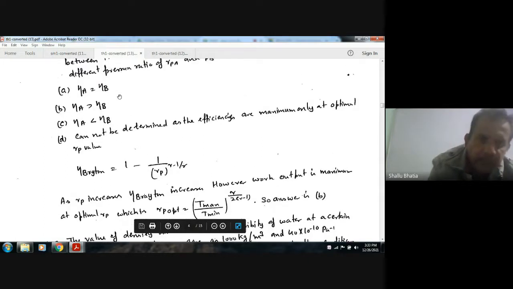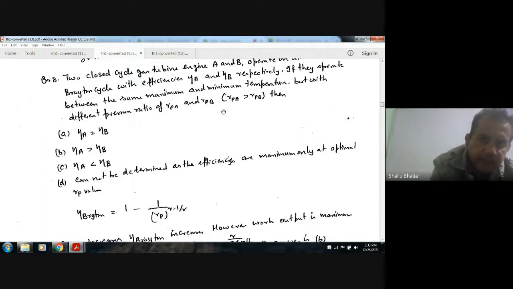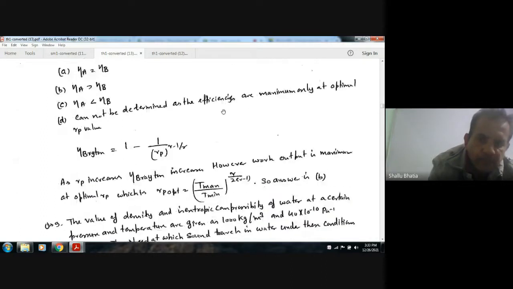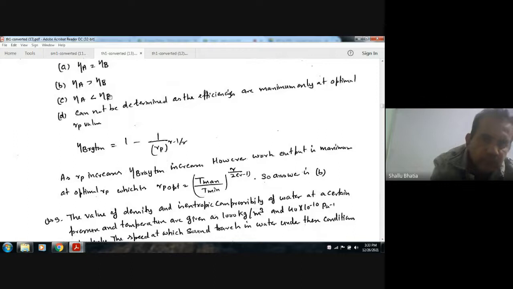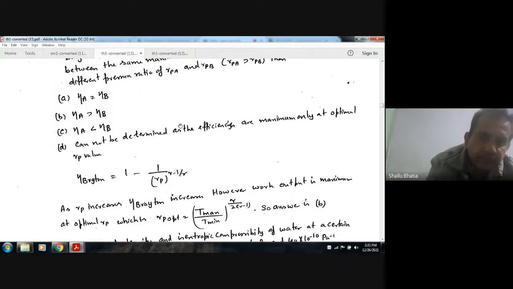As RPA is greater than RPB, as we increase RP, the efficiency will increase, and it will go on increasing with RP. So there is no maximum point.